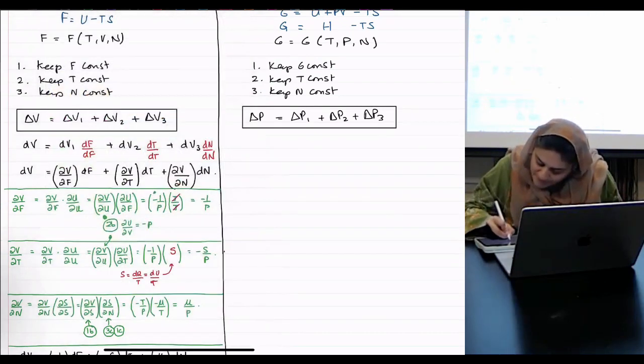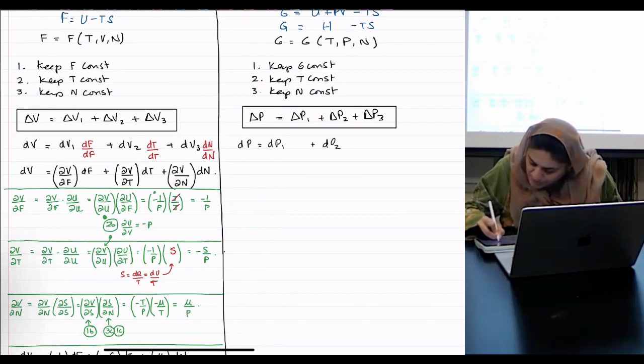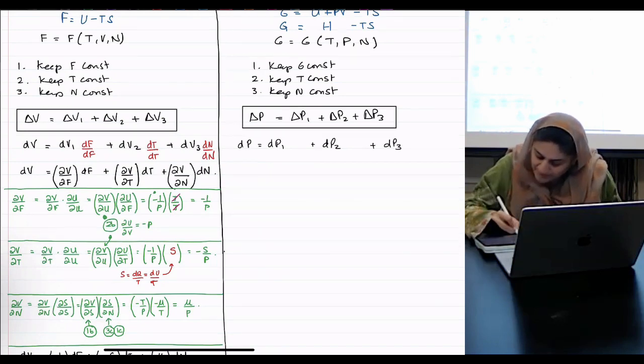Okay, so this will be dP equals dP1 plus dP2 plus dP3.